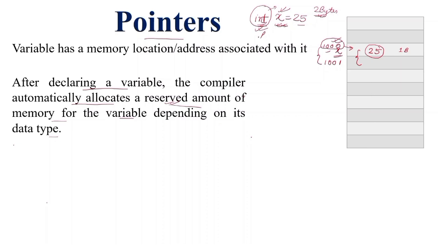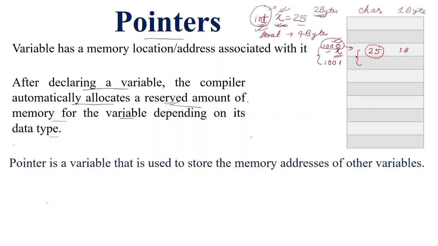If it is of float type, the memory allocated may be 4 bytes. If your variable is of char data type, then 1 byte of memory is allocated to it. Next, what is a pointer?